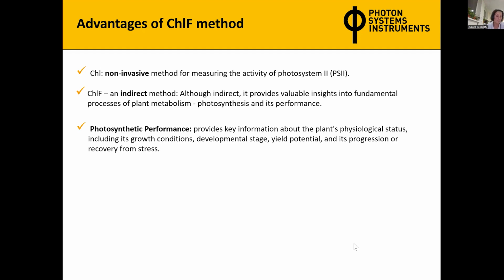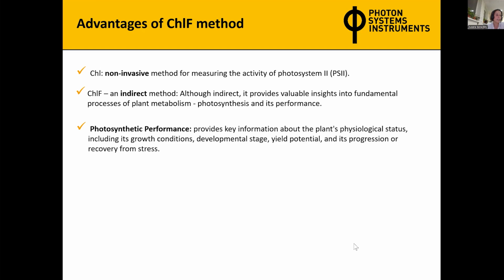This process, photosynthesis, is like our heart beating, the most important process, and it reacts very sensitively to different treatments and physiological status. It nicely and rapidly responds to growth conditions. It depends on developmental stage. It can give you information about recovery from stress, and rapid information about stress.